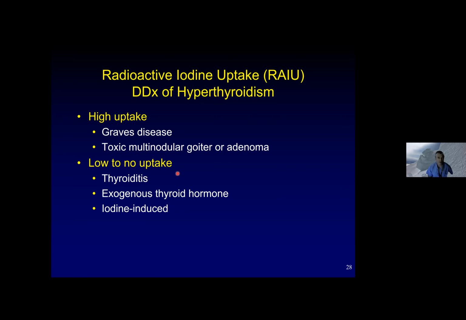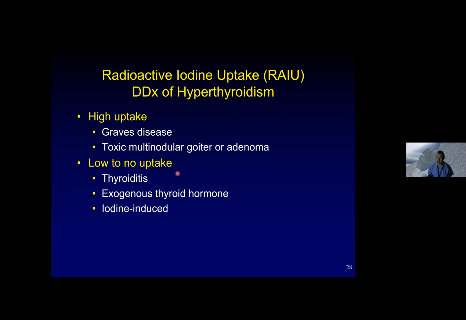Let's say they have a virus, and that virus destroys the thyroid, which releases a lot of thyroid hormone into circulation. So the patient will be clinically hyperthyroid, but the scan will show low uptake because the thyroid is actually not making thyroid hormone.